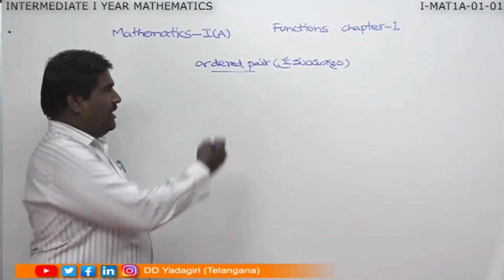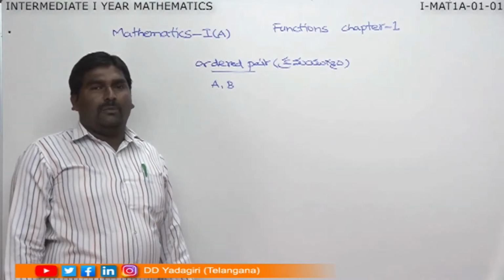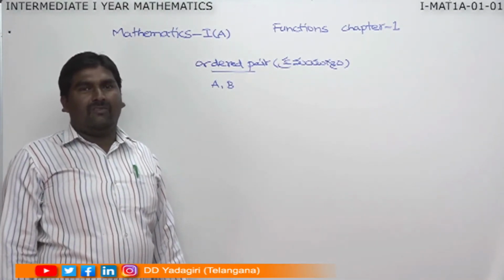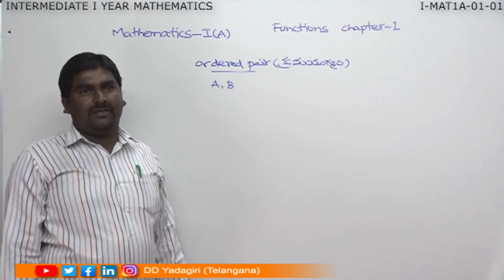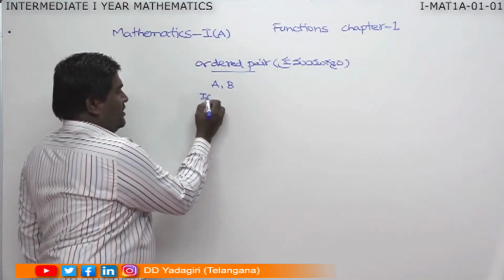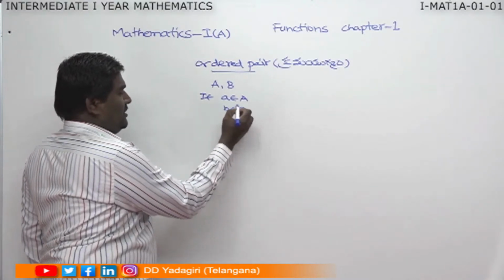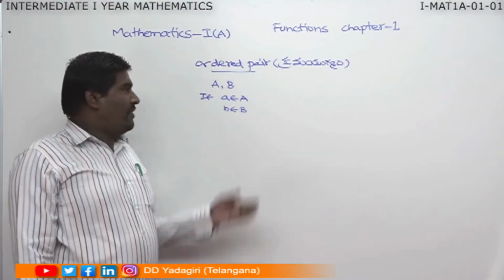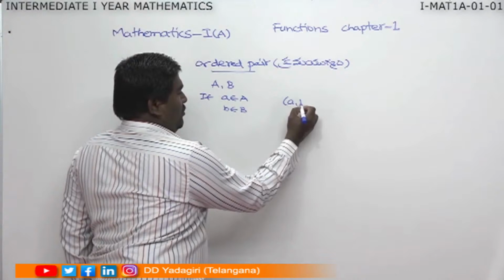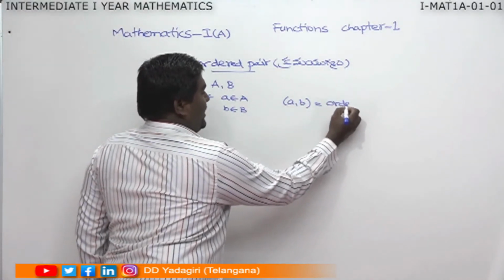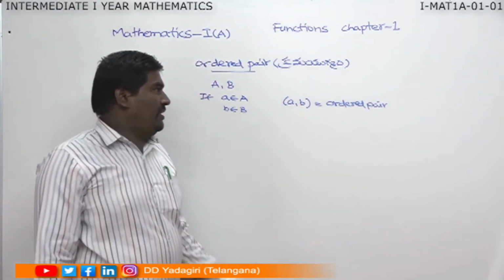If A, B are any two sets, the sets are represented by capital letters of the alphabet. If small a is an element in capital A, and small b is an element in set B, then for these two elements, (a, b) is called the ordered pair. This is the notation of an ordered pair.